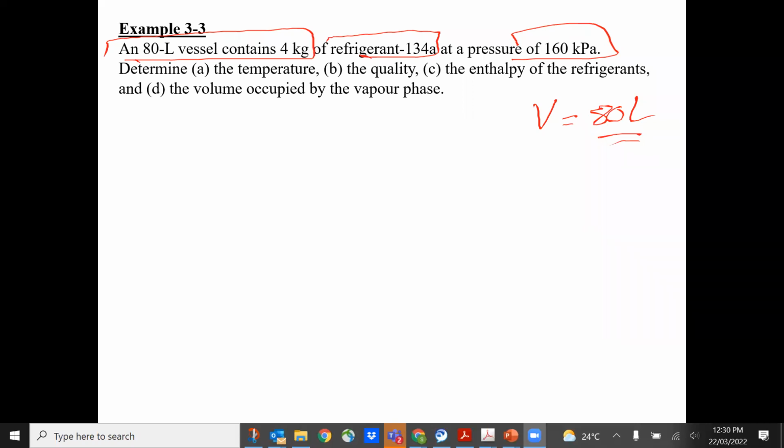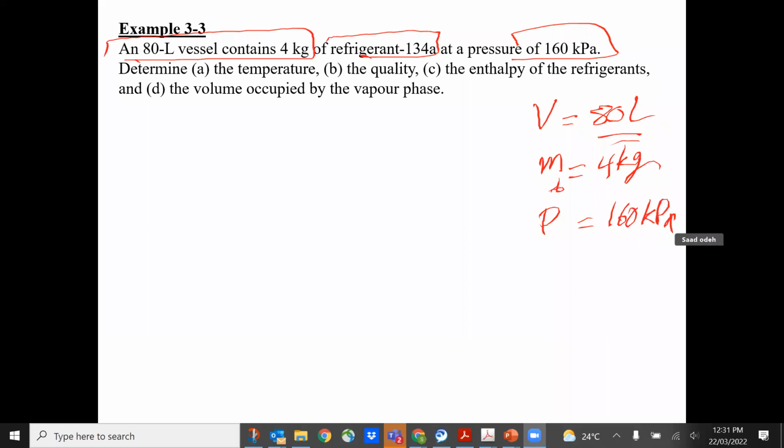And we know the mass of the refrigerant. So the refrigerant here means total mass, because we don't know whether it's liquid or two-phase. So the total mass is 4 kilograms. And the pressure, P, I don't know whether this is saturation or not, below or above saturation, but I will put it here as 160 kilopascal, and I will check later on.